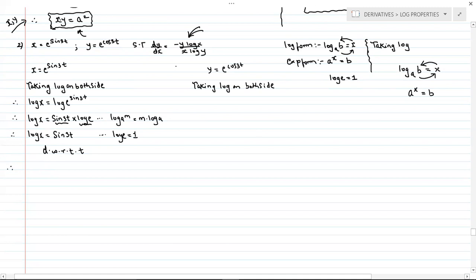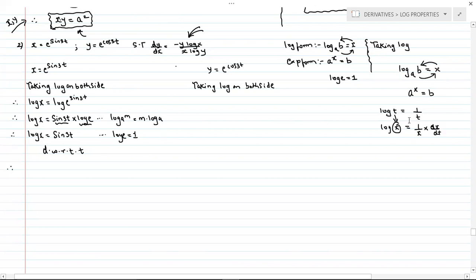As we are finding the derivative with respect to t, log t we know will be 1 upon t. So log x will be 1 upon x, but t is replaced by x, so we have to use the chain rule also, because here we are finding the derivative with respect to t.